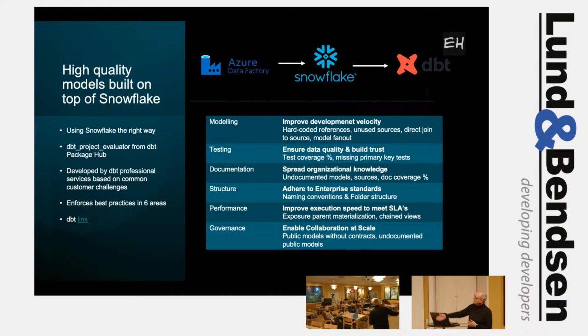It tests for a number of areas in these six domains or topics: modeling, testing, documentation, structure, performance, and governance. I have a link here to GitHub, where they describe quite in detail exactly what they're testing for. So let's assume you run this and you get an error message: this here is not according to best practice.